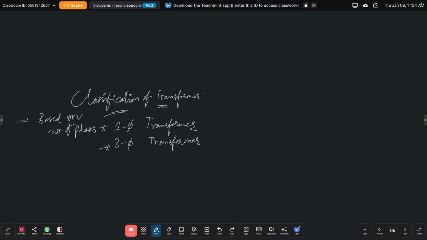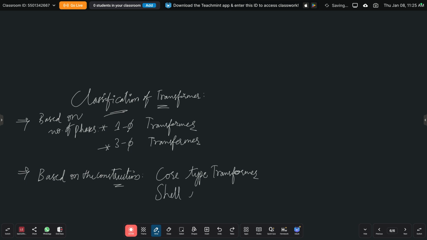Based on the construction, it consists of three types, that is a core type transformer, shell type transformer, and berry type transformer.